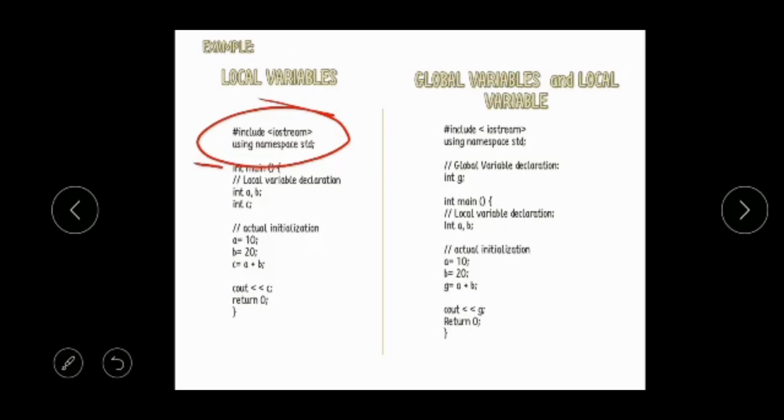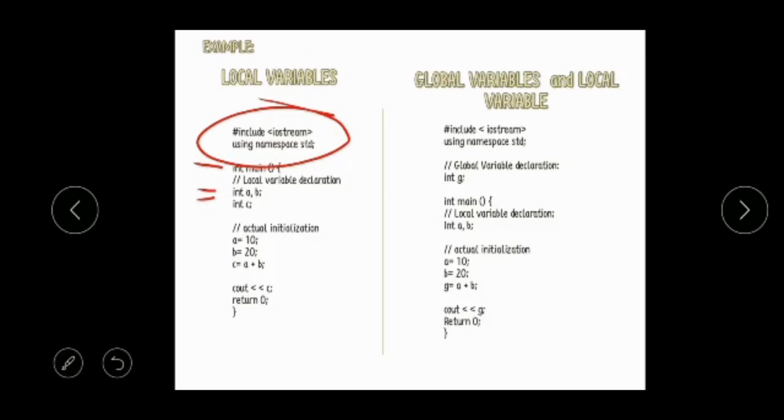So here come the local variables. We're using int, or integer, which defines whole numbers because we're making a program using numbers. In main, we have integer variables, that is int a and b. It declares two integer variables named a and b. We have another integer variable, int c.